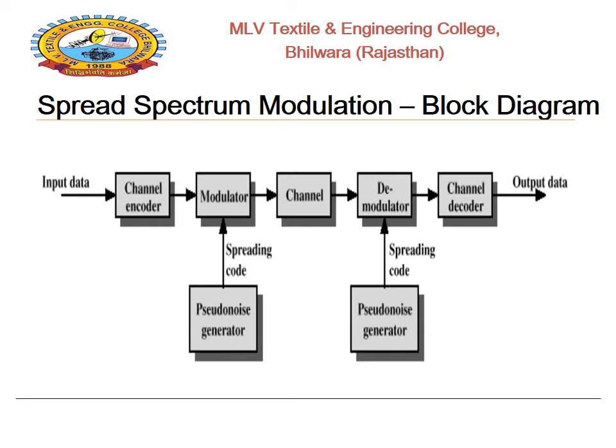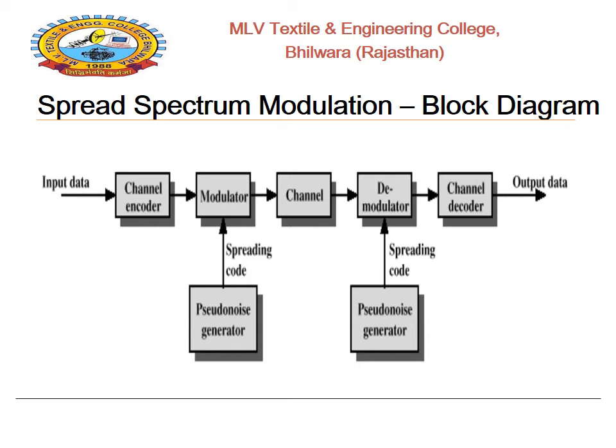The PN sequence generator is responsible for spreading the spectrum of the input data. Finally, the spread spectrum modulated data is given to the channel and then received at the receiver section.